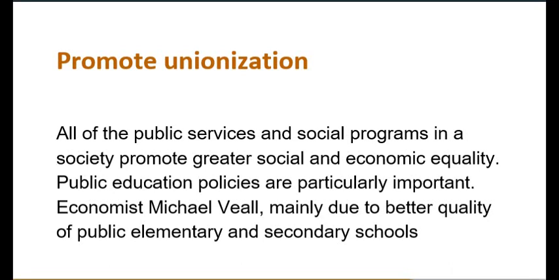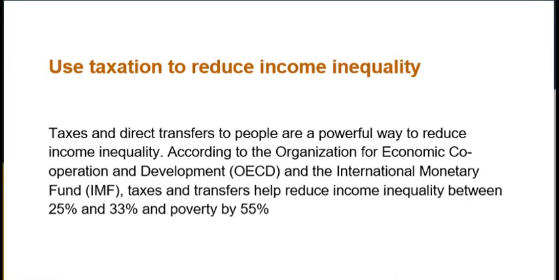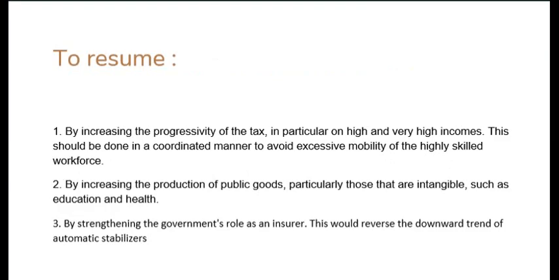Also, we could talk about the use of taxation to reduce income inequality, as taxes and direct transfers to people are a powerful way to reduce income inequality according to the Organisation for Economic Co-operation and Development. To summarize, we could say this can be done by increasing the progressivity of the tax, in particular on high and very high incomes, in a coordinated manner to avoid excessive mobility of the highly skilled workforce.